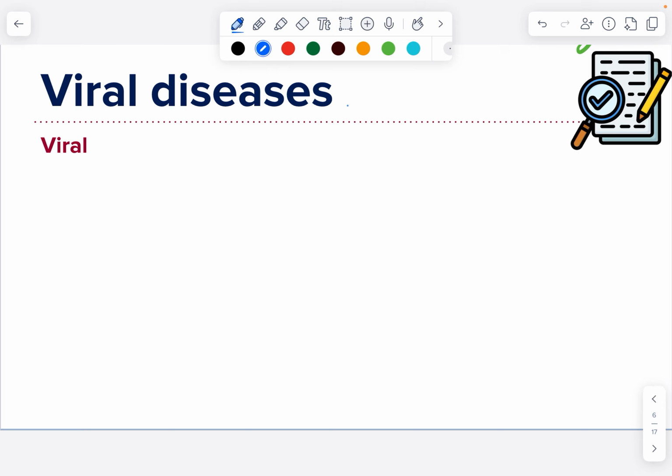For each section, we're going to talk about the disease, the effect it has, and potential treatment. Okay, and just some key things that we can talk about linked to it. So the first one is measles.